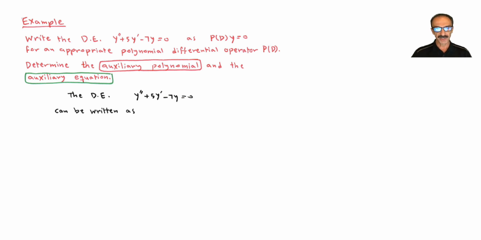The differential equation y double prime plus 5y prime minus 7y equals 0 can be written as (D squared plus 5D minus 7) multiplied by y equals 0.